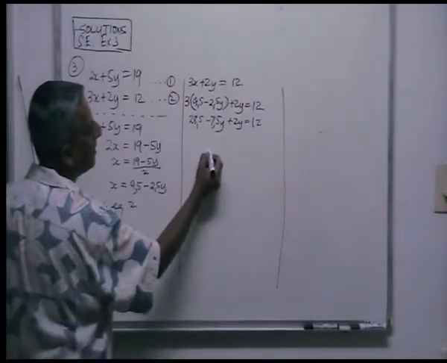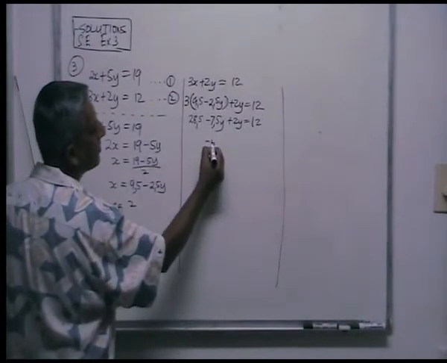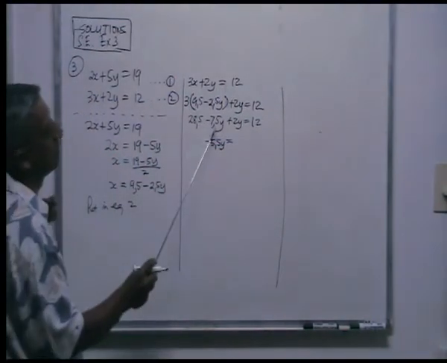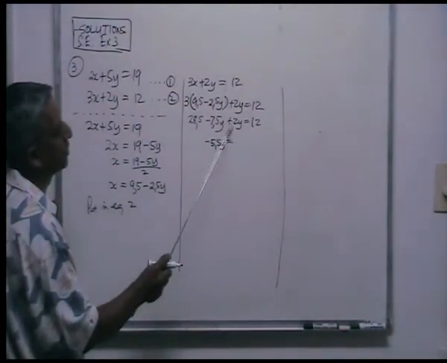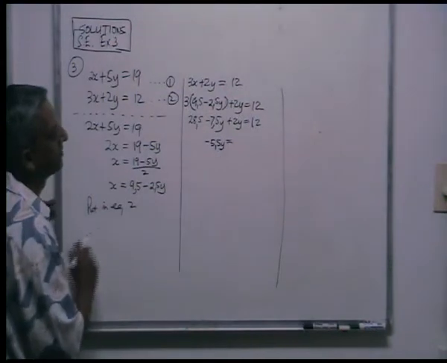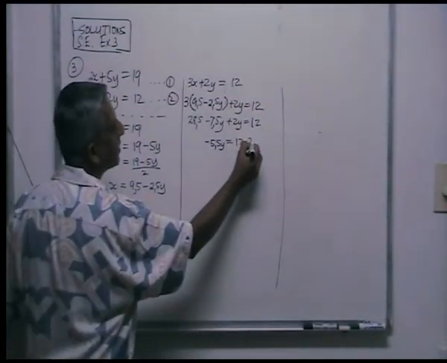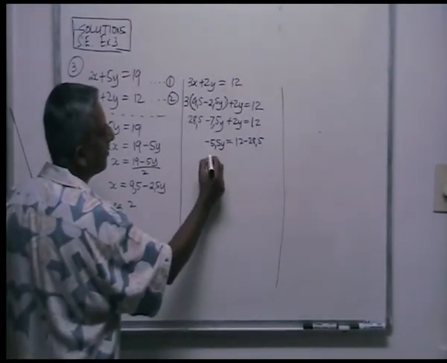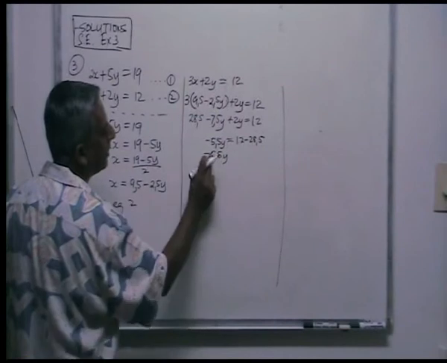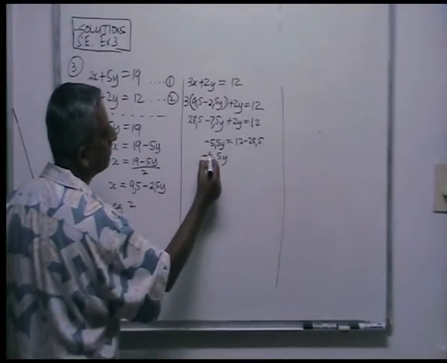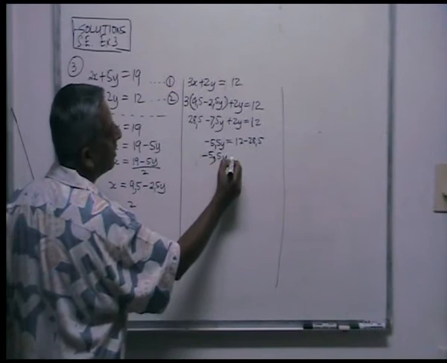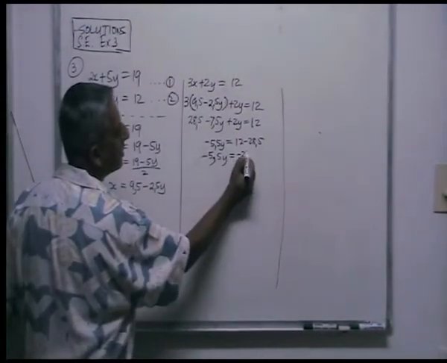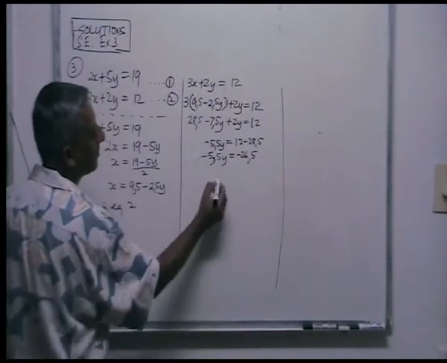And then simplify this, you will get minus 7,5y plus 2y will give you minus 5,5y. And on this side you've got 12 minus 28,5. So minus 5,5y is equal to 12 minus 28,5, which will give you minus 16,5.